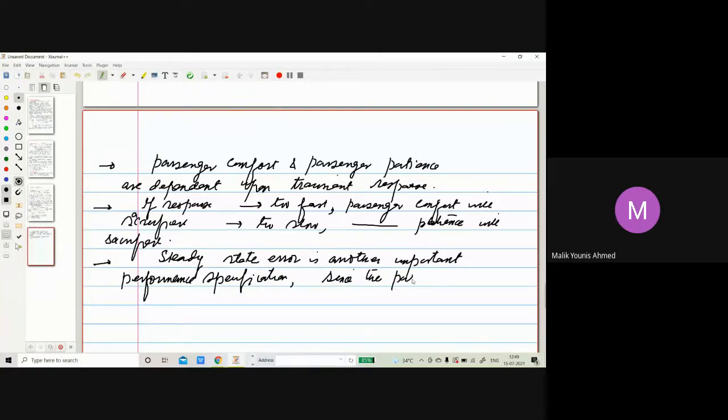Convenience would be sacrificed if the elevator does not land properly.